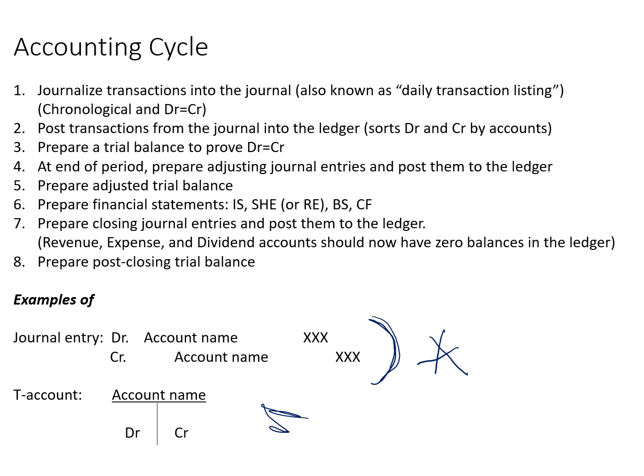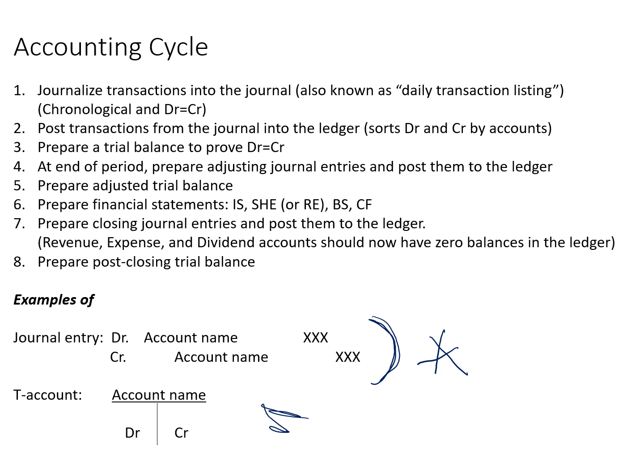So that would be an example of using account names, food expense and accounts payable. Those are the account names for what I did. So just like I went to the store and bought breakfast this morning, that's it in English. I now translate it into accounting as a debit and a credit.